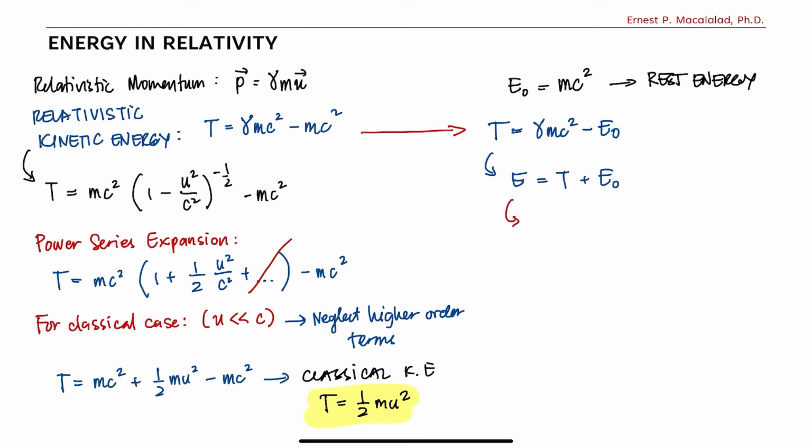Here we define E to be equal to gamma m c squared, and we call this the total energy of the system. This equation shows that the total energy is defined as the sum of kinetic energy and the rest energy. Of course, if the particle is in a conservative force field, the potential energy U should also be included in the mix.